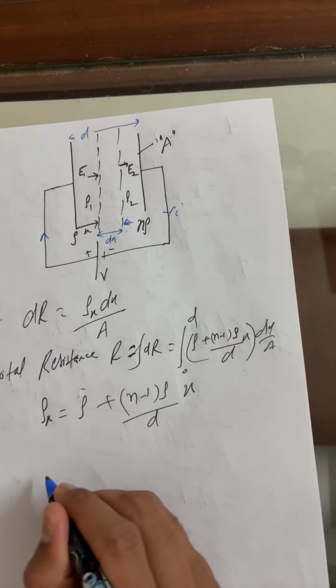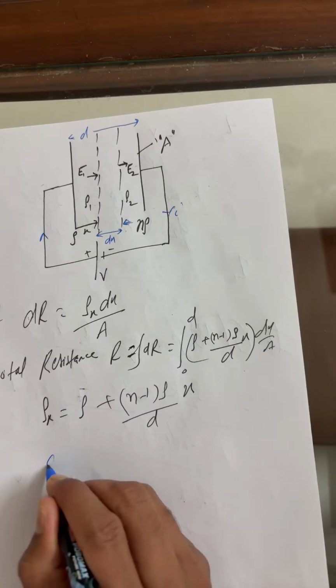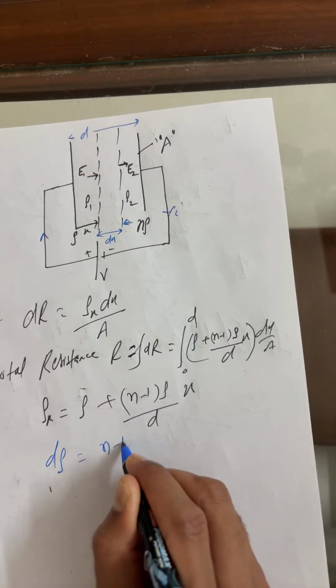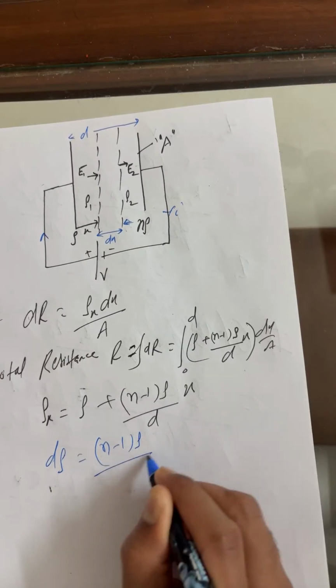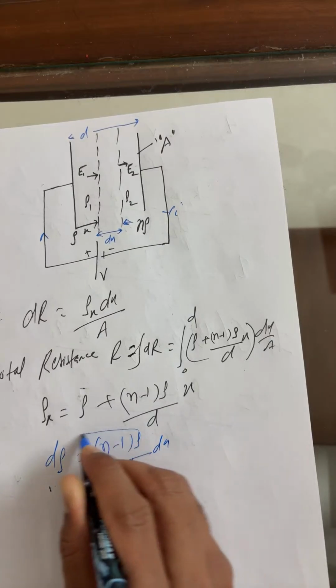So for dρ, this remains 0 here, just differentiate once. So dρ you can get (n minus 1) into ρ upon d into dx.